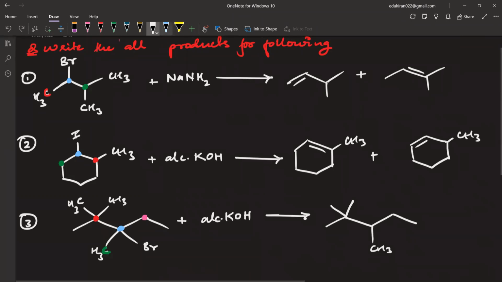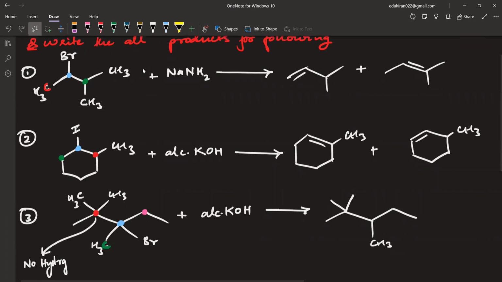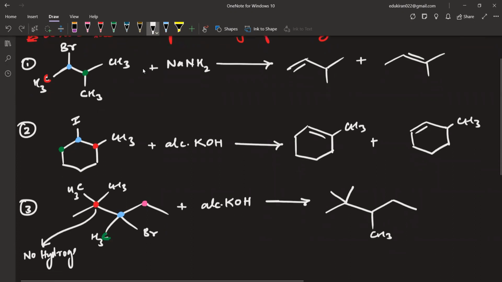Why? You have to remember this red carbon here. It does not have hydrogen, no hydrogen. If it does not have hydrogen, what is going to happen? There will be no abstraction of hydrogen from this side.